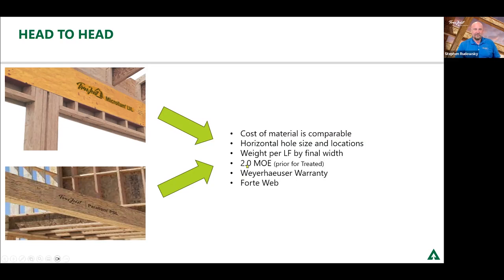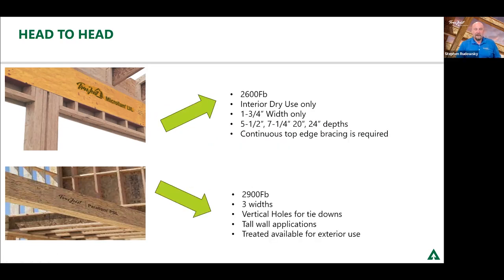Where they kind of diverge is all of our Microllams, at least in Forte Web, in moment, are going to be a 2600 Fb. They're going to be used for interior or dry use only, so anywhere where the average moisture content is going to be less than 16%.